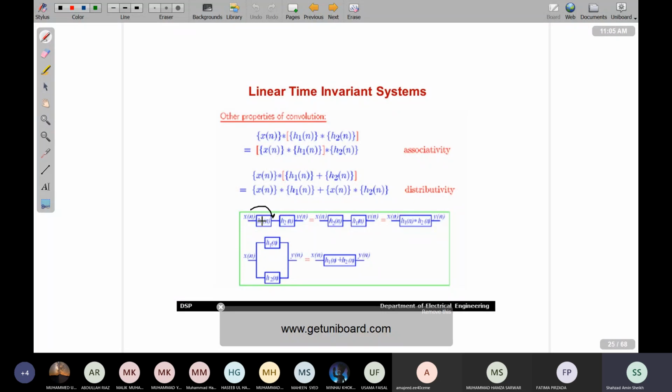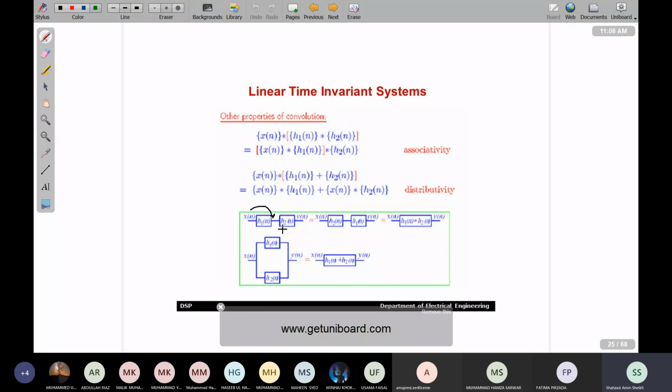Either you convolve x of n with h of n and get some output, and then convolve that output, which would be acting as input to this system, with the second system and get your y of n. There is one way of doing it. But there is another way of doing it, because of the associative property of convolution, that you collapse these two systems together. And the collapsing will be done through convolution of this system with this system.